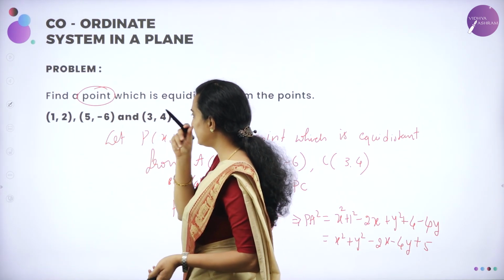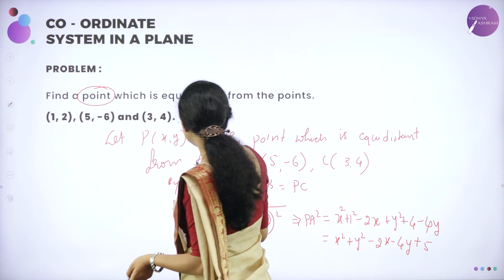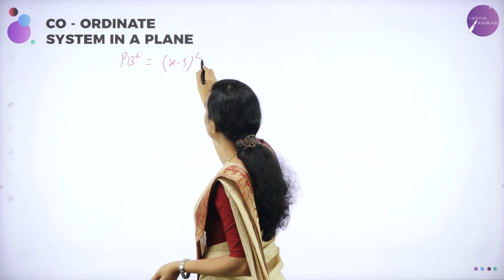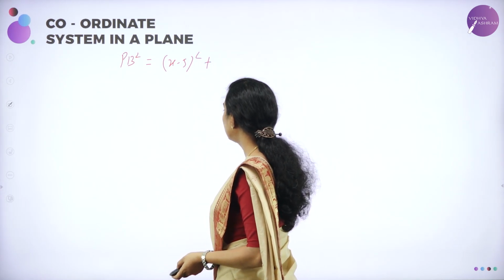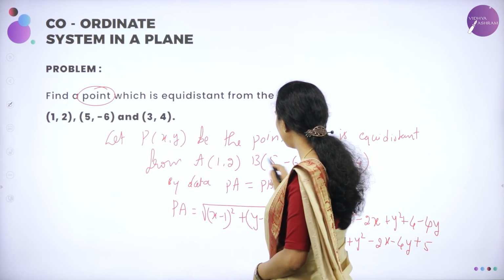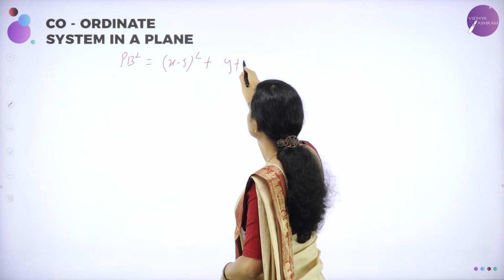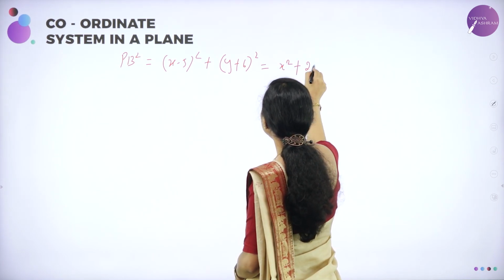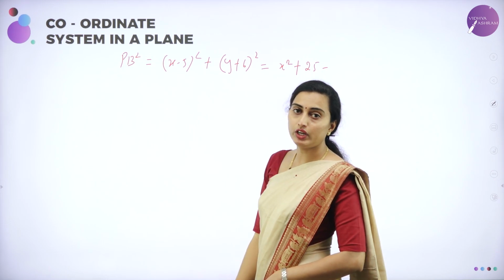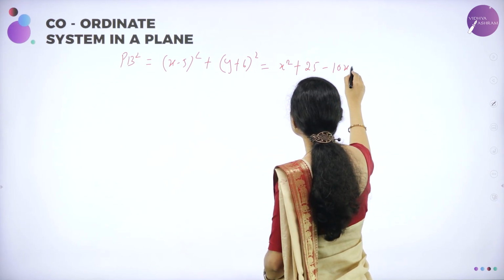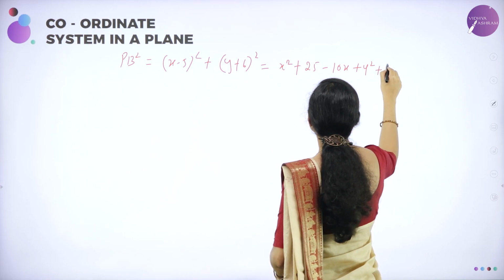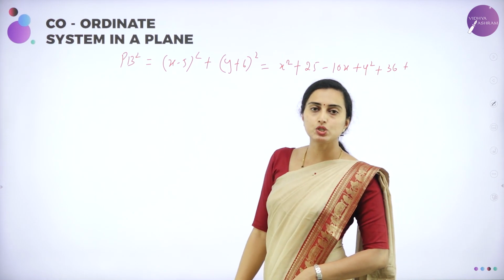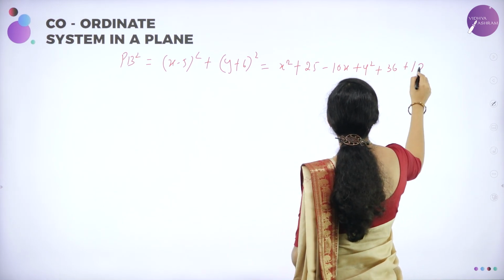PB squared is (x minus 5) whole squared plus (y minus of minus 6, that is y plus 6) whole squared, which is equal to x squared plus 5 squared is 25 minus 2 into 5 into x, which is 10x, plus y squared plus 36 plus 2 into 6 into y, which is 12y.